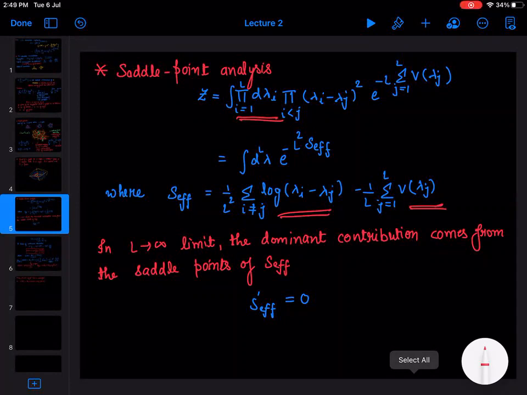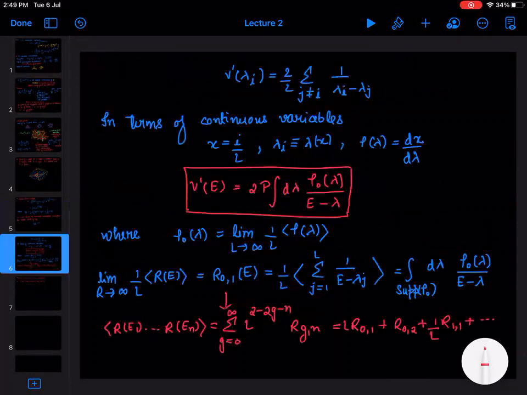And in the L goes to infinity limit, the dominant contribution to this partition function comes from the saddle point of this effective action. So to calculate the leading order result, we have to solve this saddle point equation. And explicitly, this is the equation.